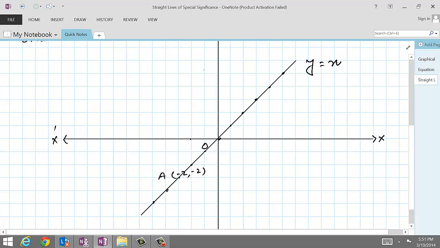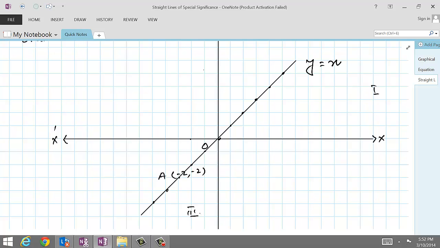This is a special line, y is equal to x, which divides the first and the third quadrant. Remember this: anytime you are given an equation, you should be able to visualize its graph.